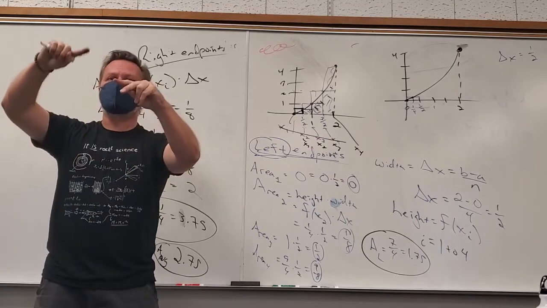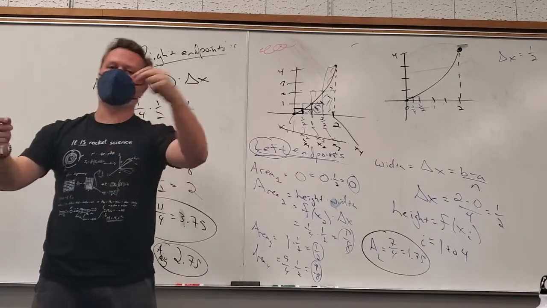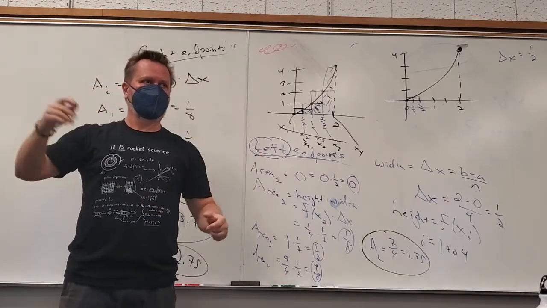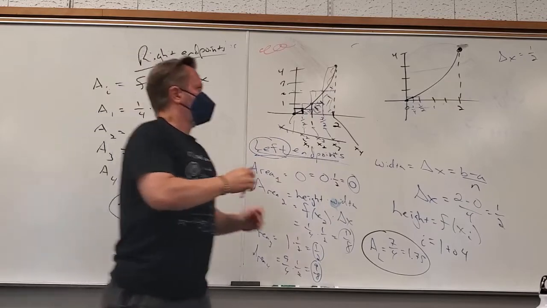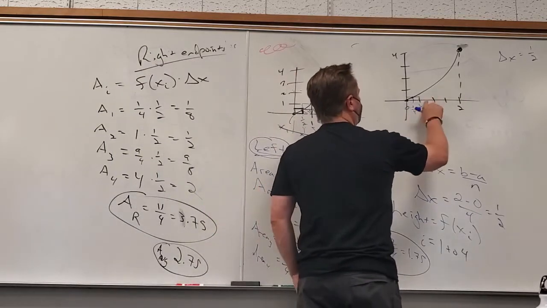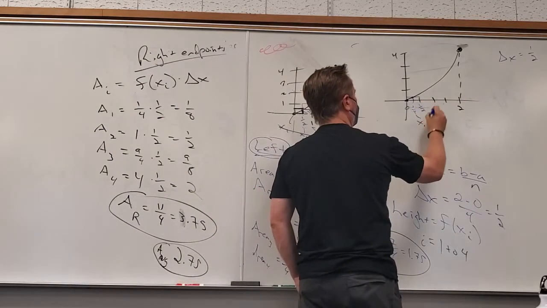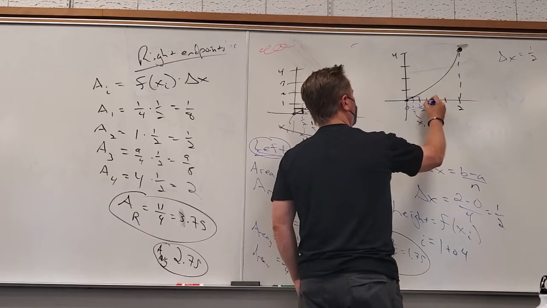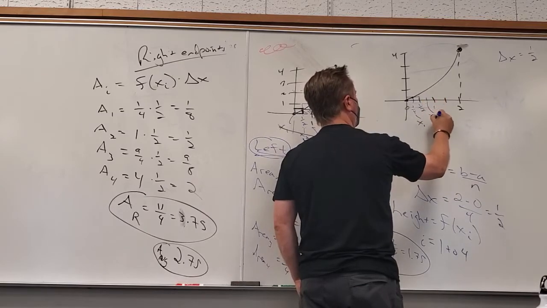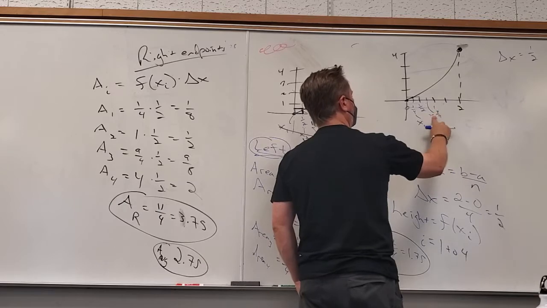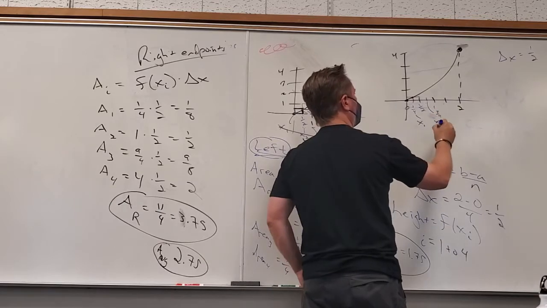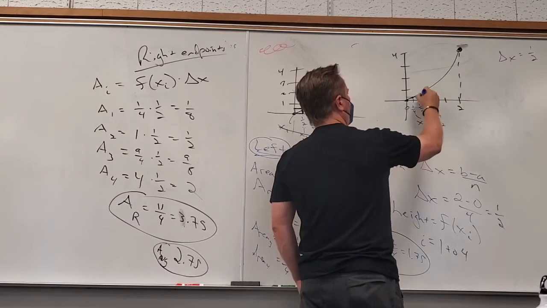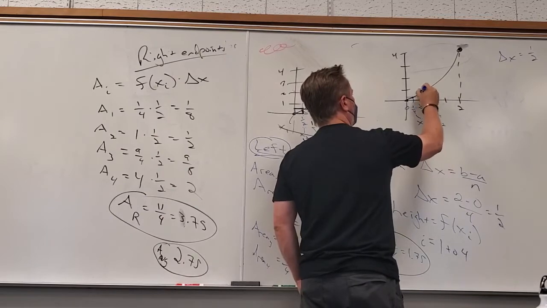It's just the height that depends on the left one or the right one or the middle. So what's the height of this one going to be based on? 3/4. Yes. Then I can estimate it on my picture like that.